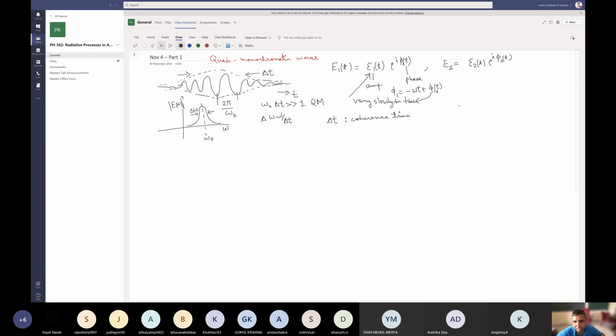So something like this, for example, this one is proportional to intensity, right? This bracket represents averaging over 2 pi by omega naught, several of these fast variations. By averaging over several of these fast variations, you can get a sense of the amplitude of the wave, right?